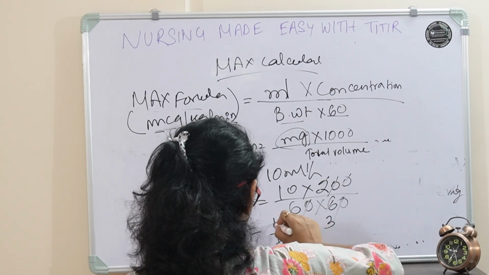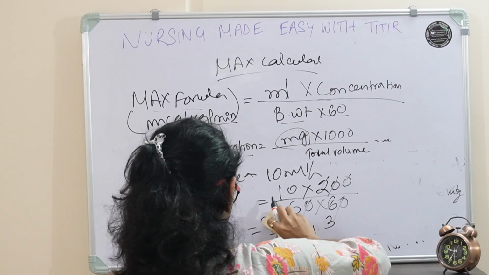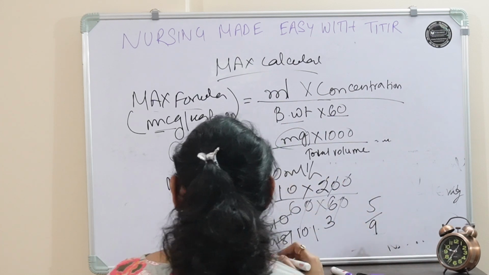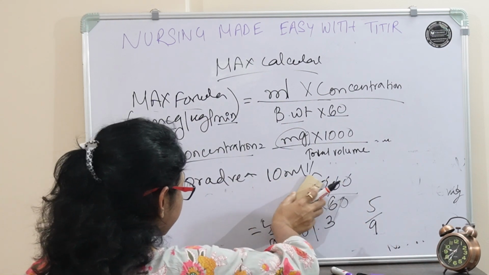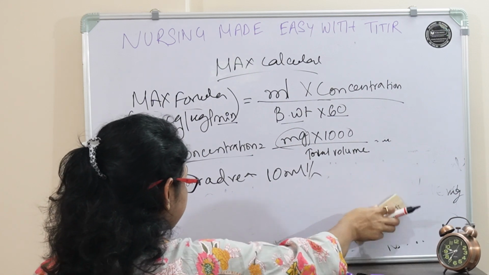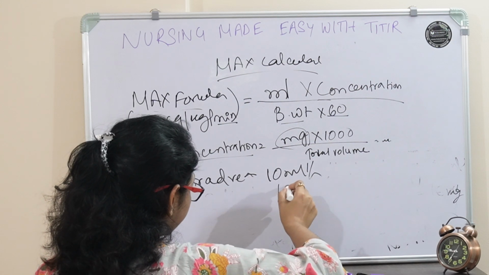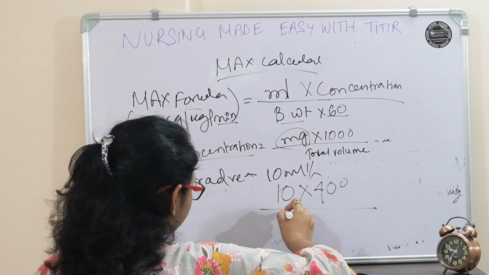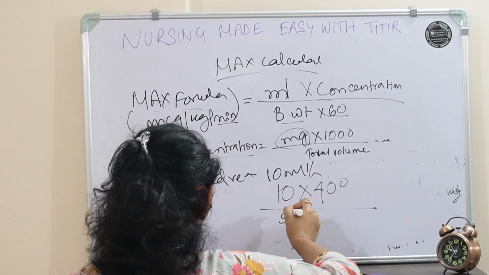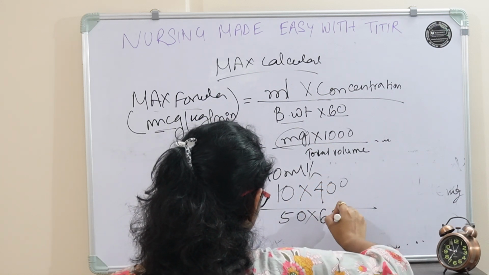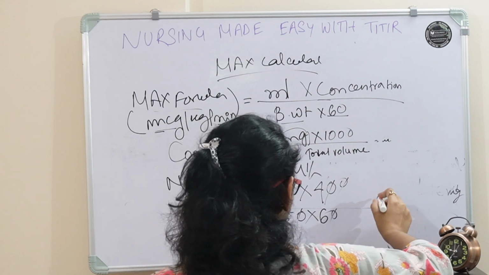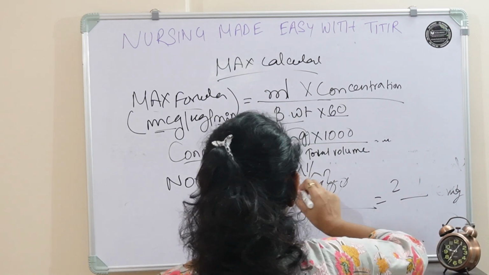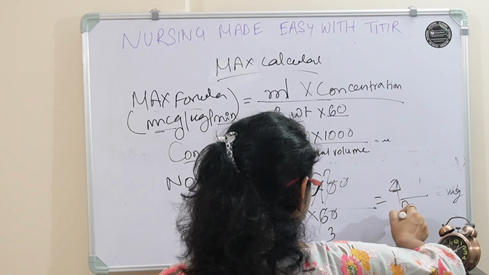So you can calculate, it will come to 5 by 9. Okay. For double strength, again the concentration will change. Let's assume it is 10 ml per hour again. So 10 into the double strength concentration of 400. Let's assume the body weight is 60. You can calculate, it will come to 4 by 3.